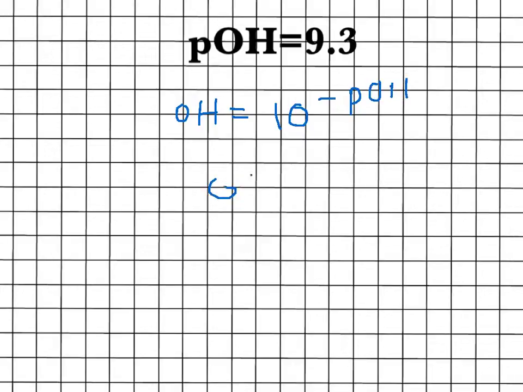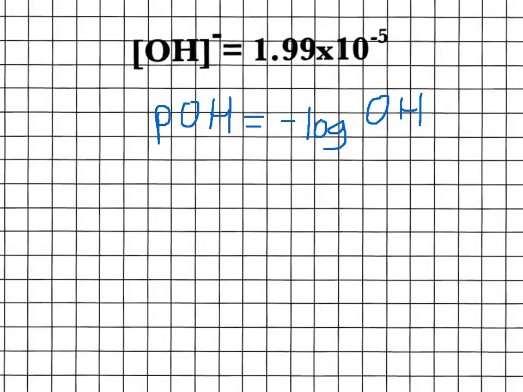So then OH equals 10 to the negative 9.3. This equals 5.01 times 10 to the negative 10th.